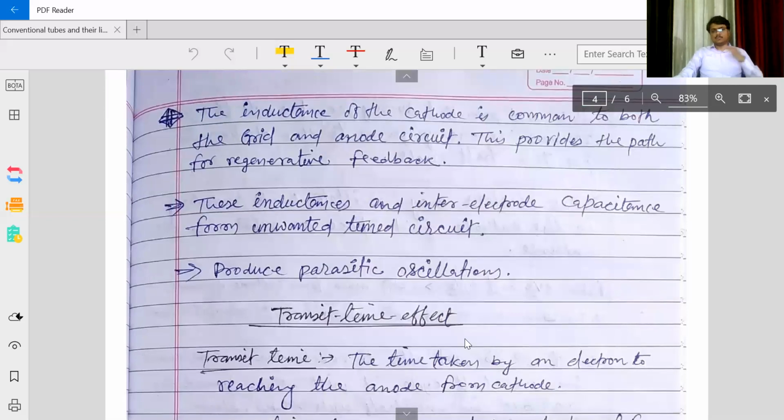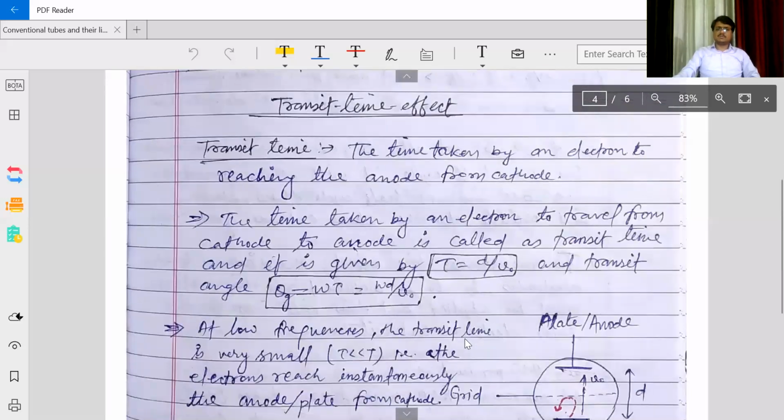Unwanted oscillations are there because of these inter-electrode capacitances and inductance. So that is one, inter-electrode capacitances and inductance, and another very important one is the transit time effect.